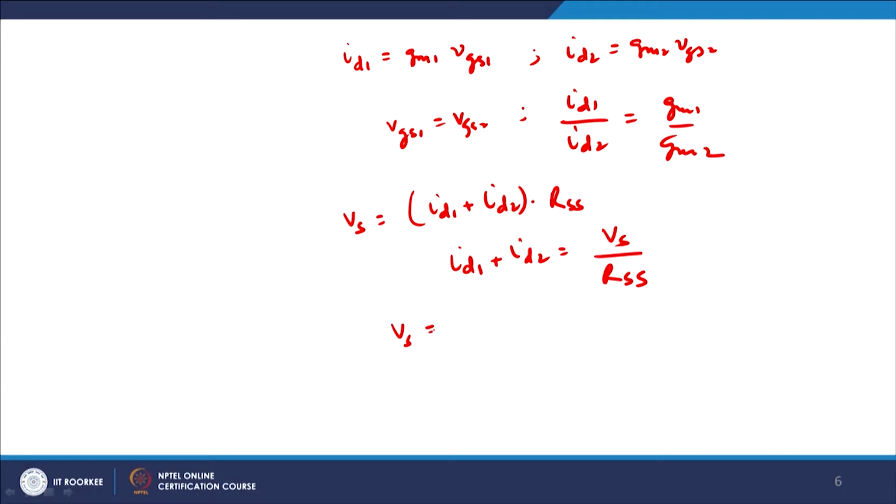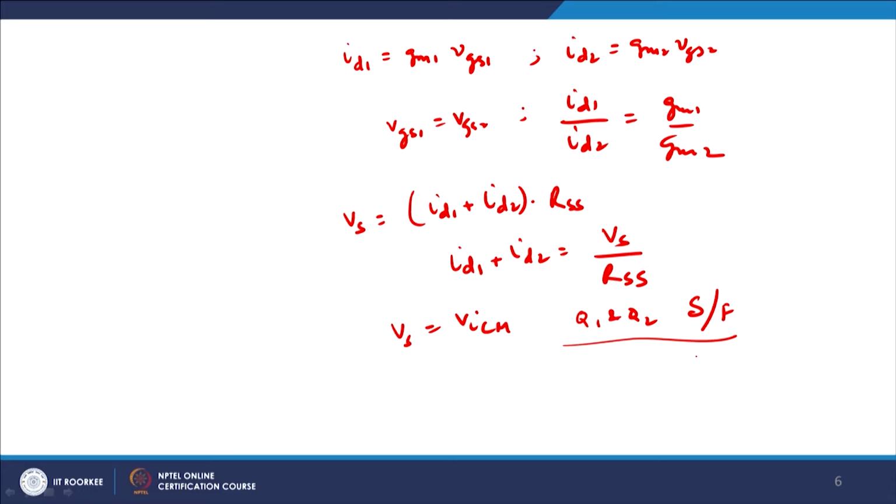Now Vs is nothing but VICM, because Q1 and Q2 are basically source followers. So whatever value of voltage you give on the gate side appears across the source side, so the difference between them is almost equal to 0.